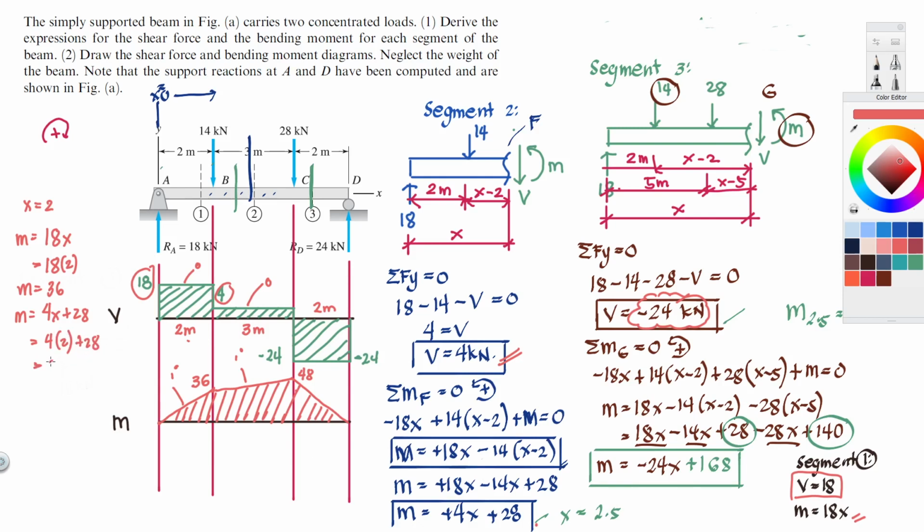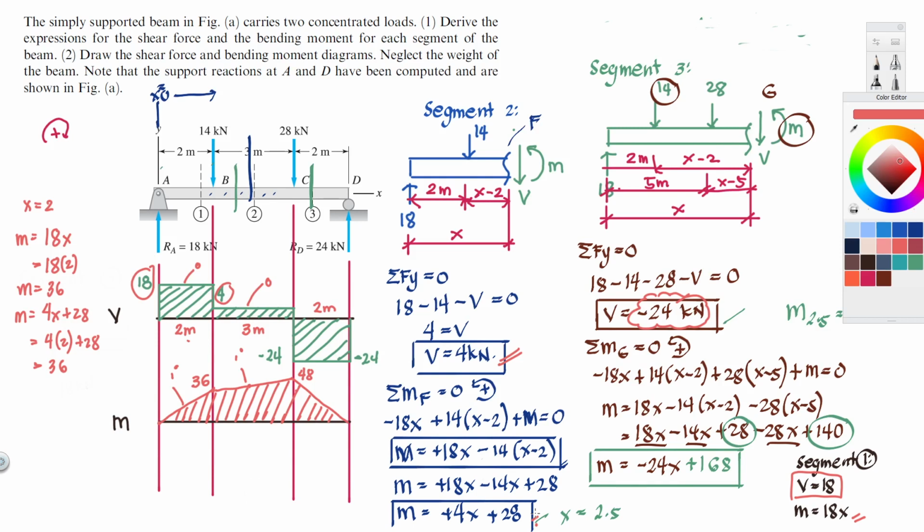So, 8 plus 28, 36. Okay? So, parehas lang yung kalalabasan. So, pag hinanap ko yung moment ko dito, since it falls on the segment 2, then dito mo naman siya is substitute. Okay po? So, that's how you use the moment equation as well as how you use the shear and then the moment diagram.